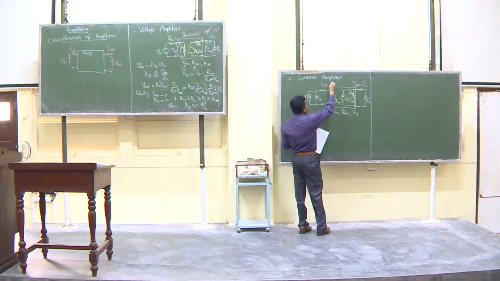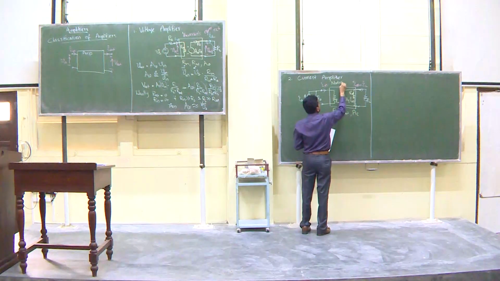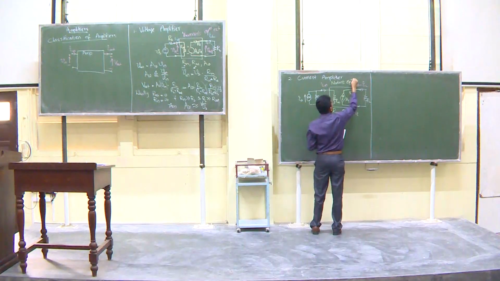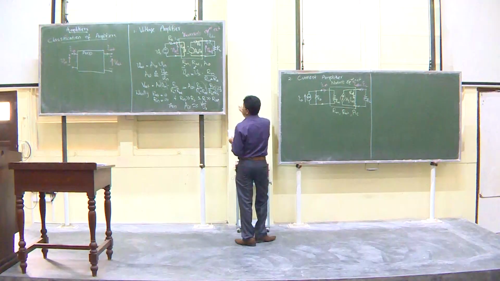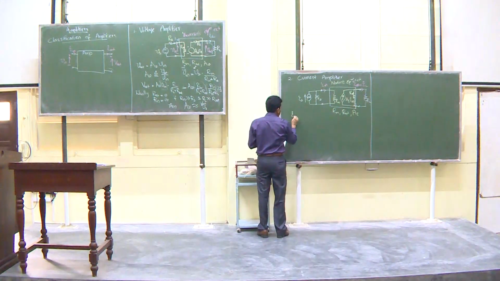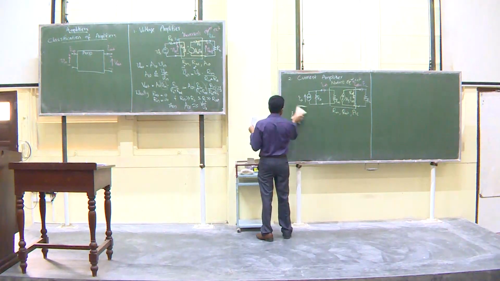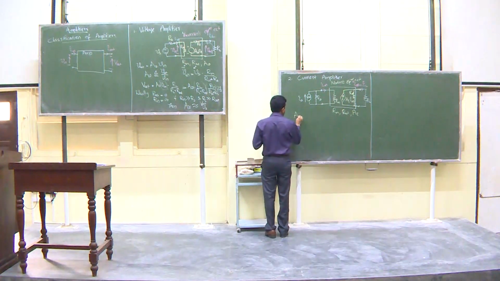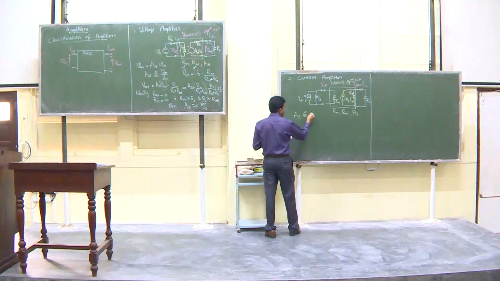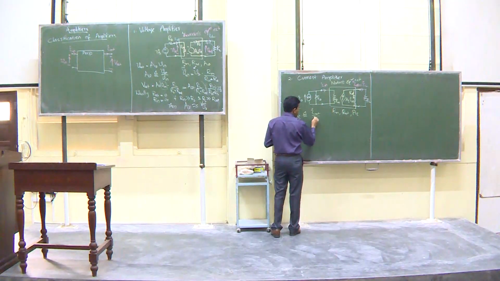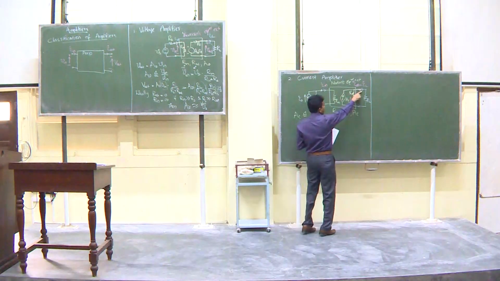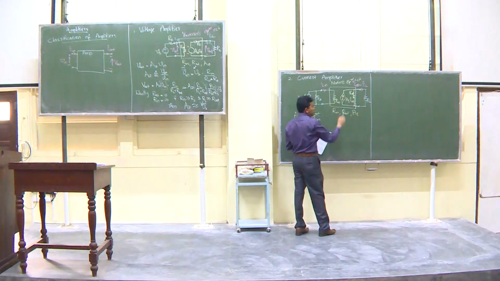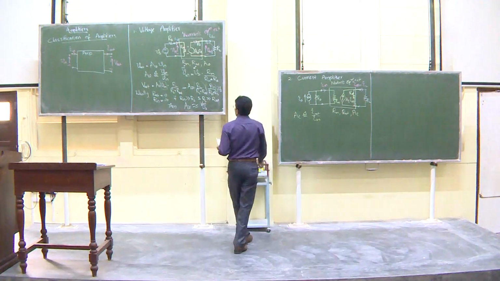So, we are using Norton's equivalent circuit here, right. So, let us start with the definition. AI is defined as I out divided by I in. Okay. So, I out divided by I in is equal to AI. That is the definition, right.